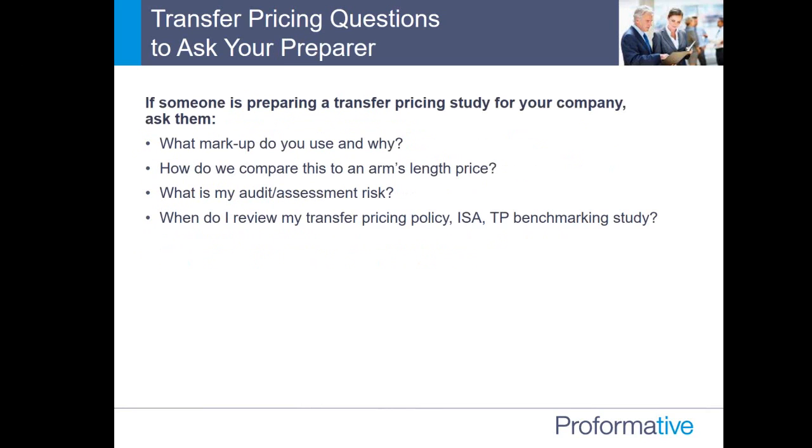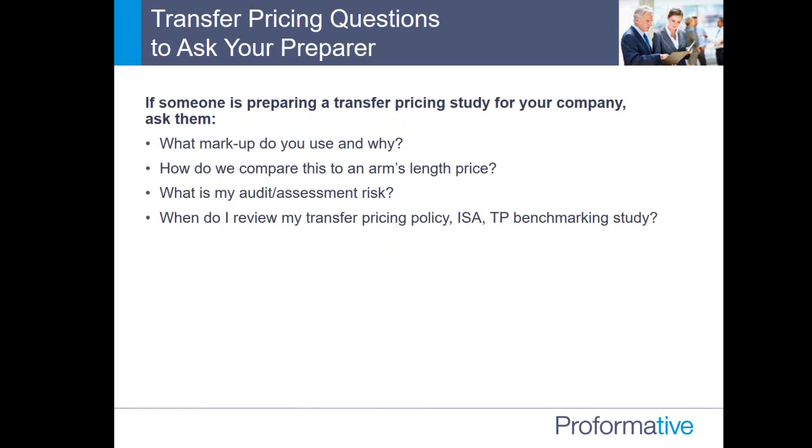So where you have an in-house tax department or a professional advisor giving you support on your transfer pricing study, what kind of questions should you ask them? Well, typical examples might be, why have we chosen that markup? On what basis?